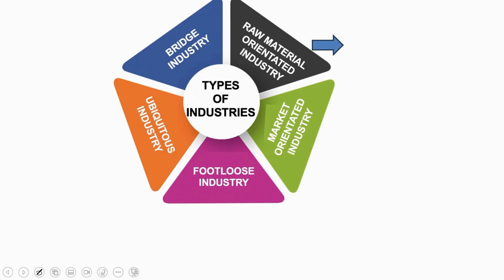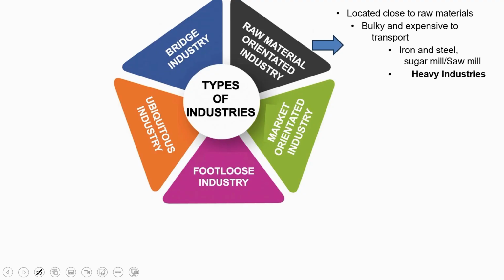Raw material oriented industries, we've spoken about that before, okay? These are located closer to the raw materials, okay? Remember the sawmill, remember the tree logs, cutting down and all that, and the industry being right near the forest to be able to process it. So the raw material is bulky and expensive to transport. So it makes sense to bring it closer.